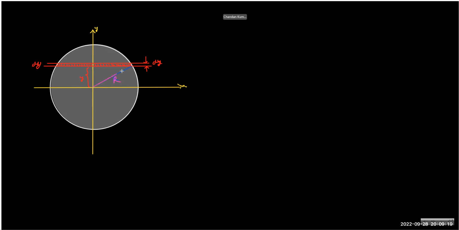Tell me guys. Everyone. Siddhant, what is the length of this rectangle?